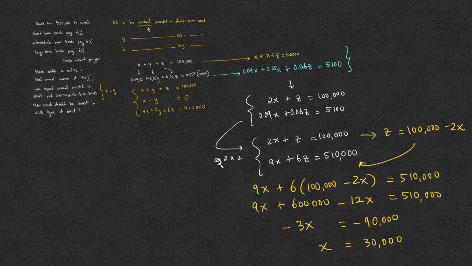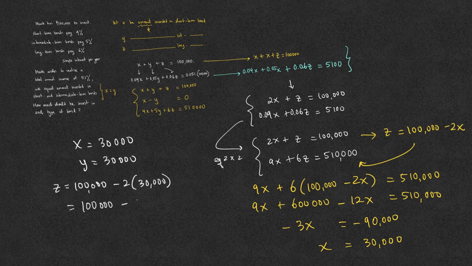If x is 30,000 and x equals y, then y is also 30,000. And then to find z, where z equals 100,000 minus 2 times x, with 30,000 for x, we have 100,000 minus 60,000, and so z is 40,000.